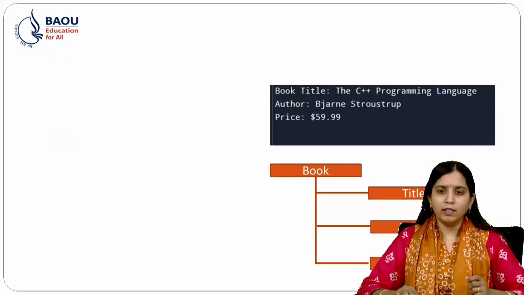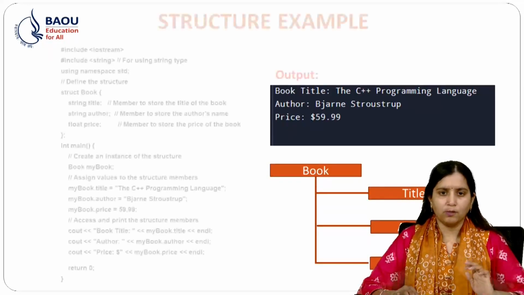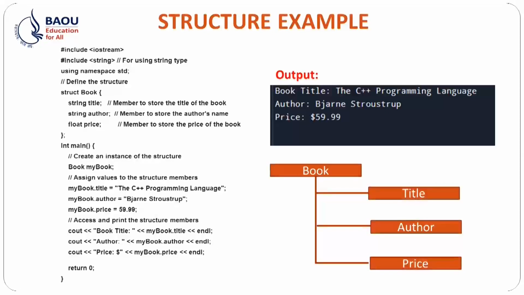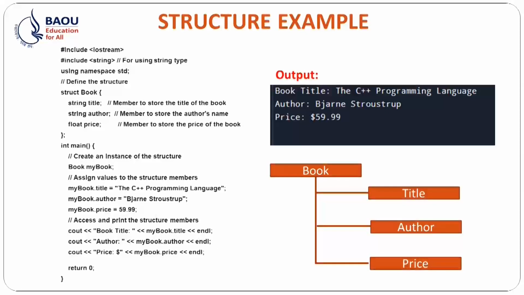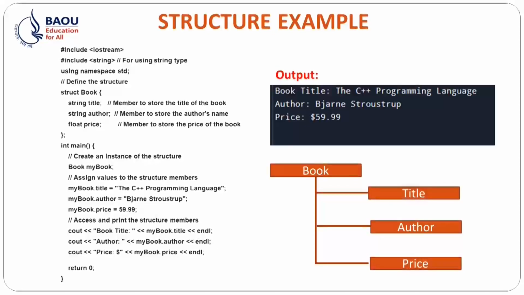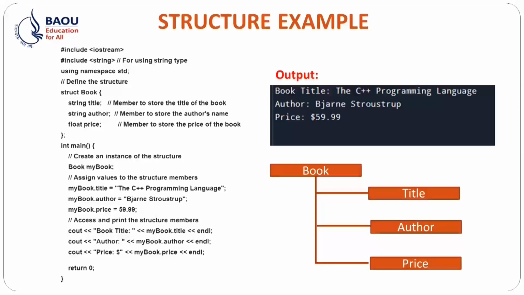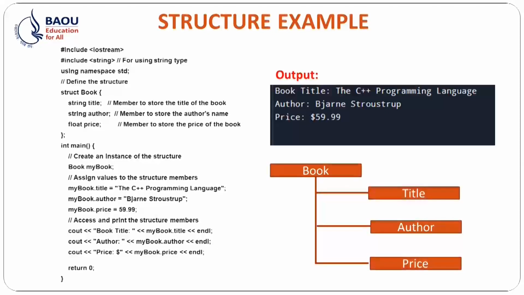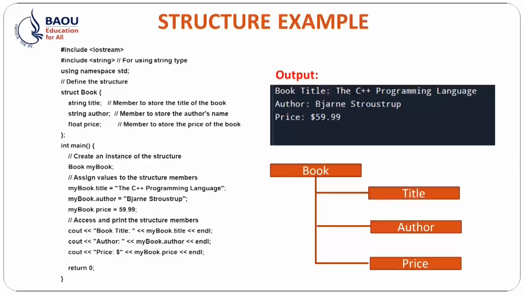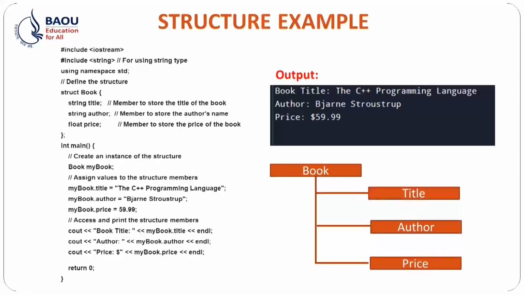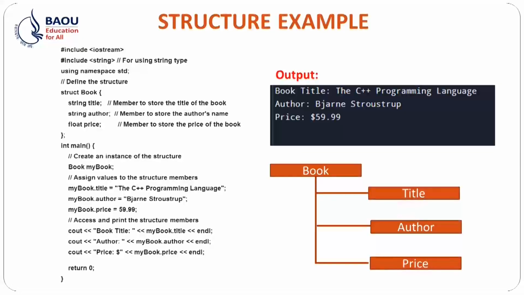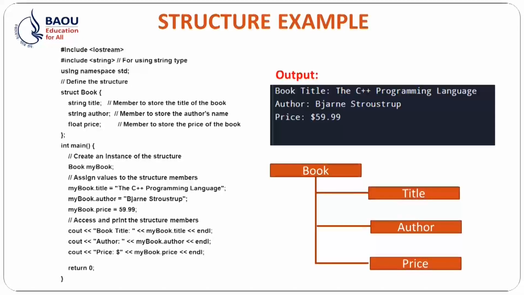So let's see one simple example of structure. First of all, we include iostream. After that, we include the string library for the string data type. And after that, we define our structure, which is book. So, struct is a keyword and book is the structure name.